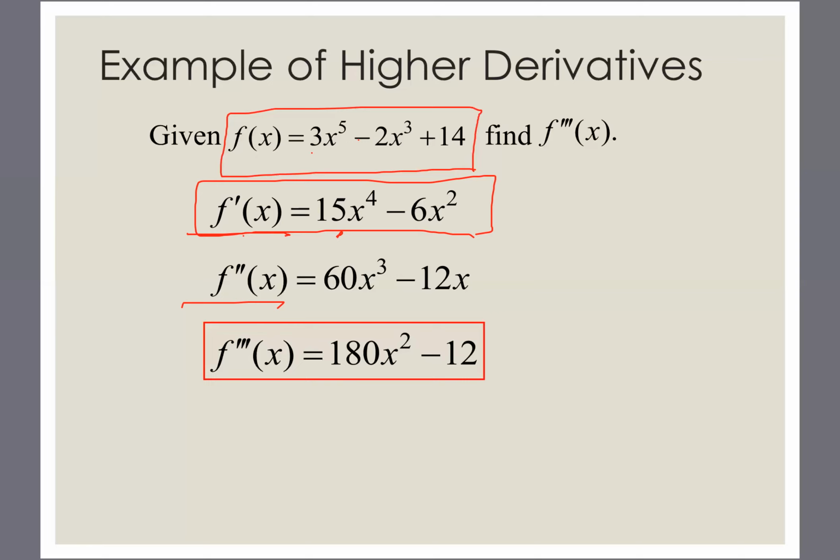And then the second term, I put the minus, and 6 multiplied by 2 is 12, and x squared minus 1 on the power, then it becomes only x. So this is the second derivative.